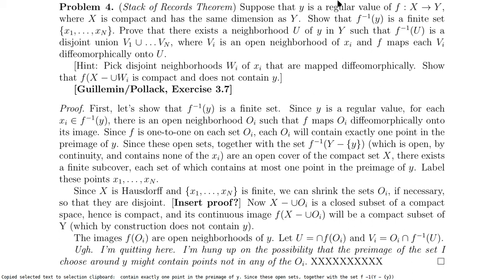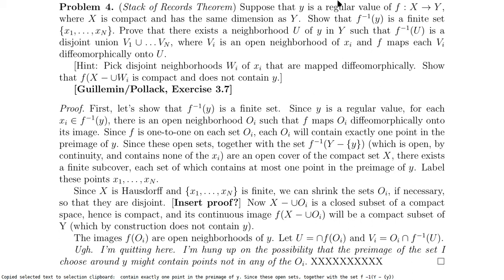Yeah. But is it closed? Is what closed? The image of X minus the union of O_i. It is closed, right? Yeah, because continuous, so closed gets sent to closed. No? Wait.